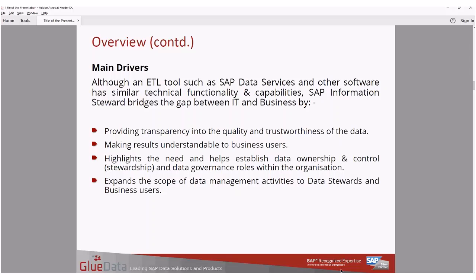Okay. IS also helps highlight the need and helps to establish your data ownership. Now, data governance is very much built around this, about who controls this as well.